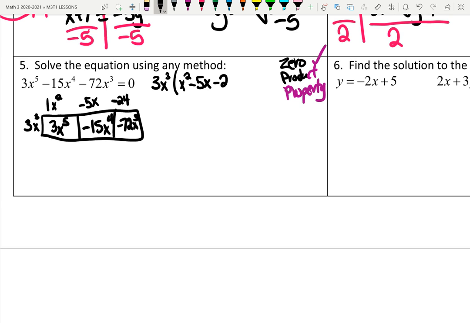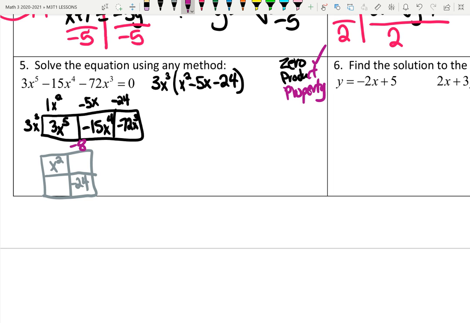I still have to write it as a product. So I'm actually going to use the area model now for the newly found insides. I'm going to figure out x squared and negative 24. And the idea is I need to somehow get negative 5x.